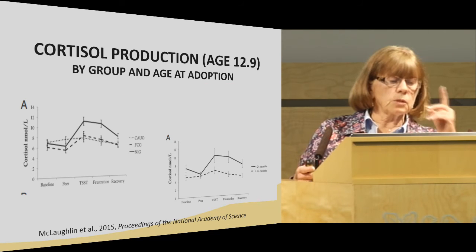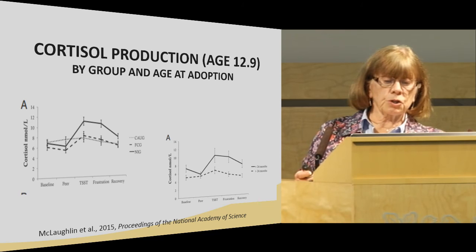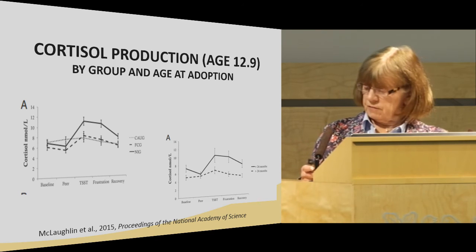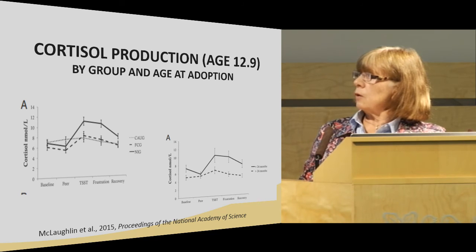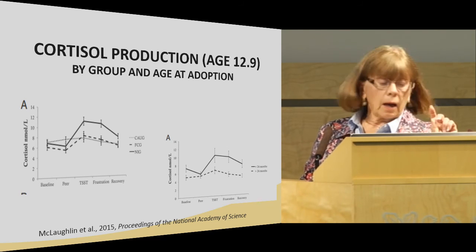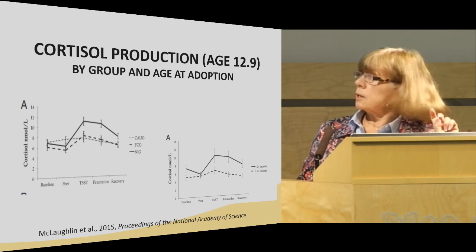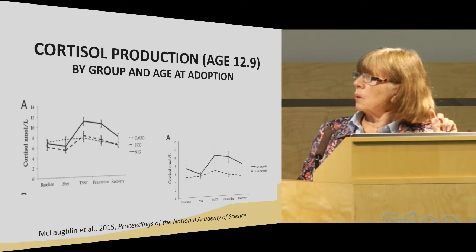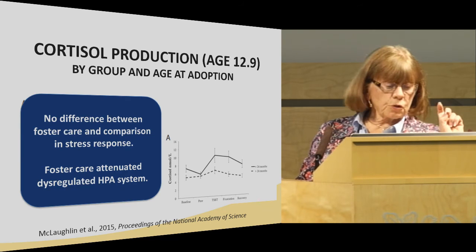findings. This is one of cortisol production at age 12. And on this side, again, you have the not institutionalized group here, and these are the two foster care groups.